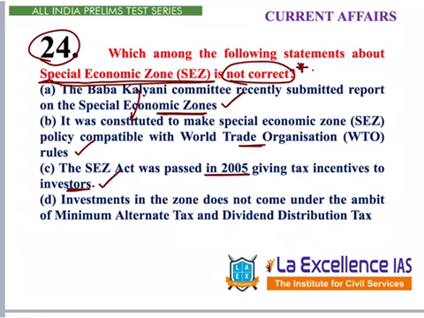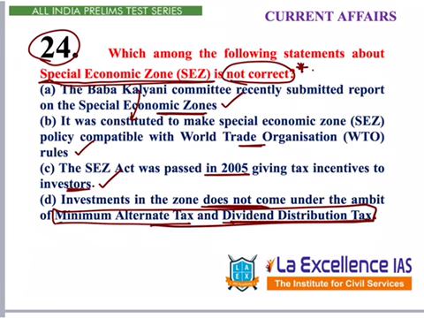Let's read option D. Investment in the zone does not come under the ambit of minimum alternative tax and dividend distribution tax. You might have seen in recent years and months talk about exempting SEZs from minimum alternative tax, but governments imposing these two. So these are there.